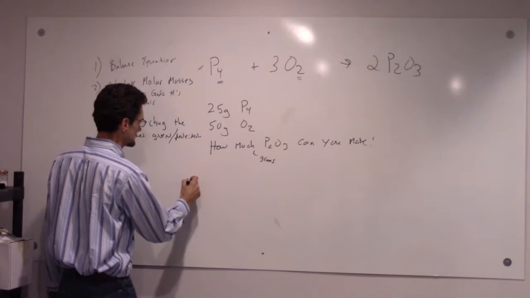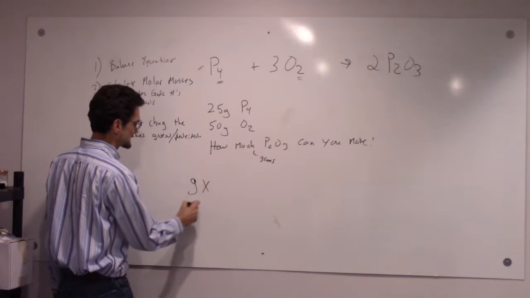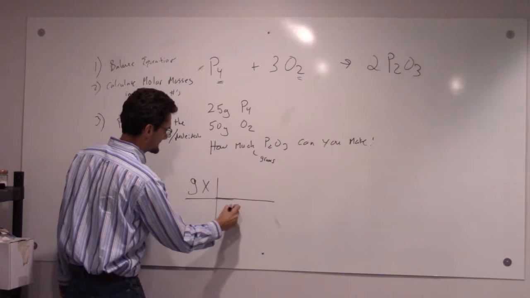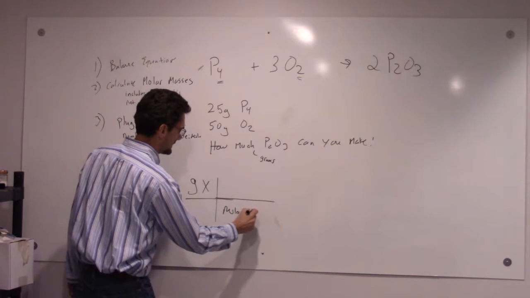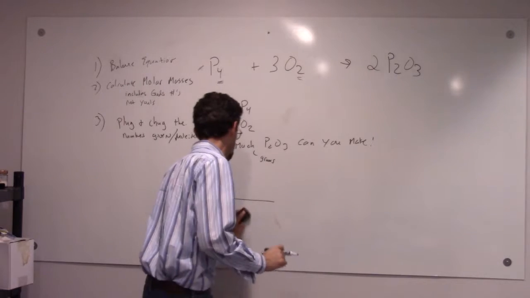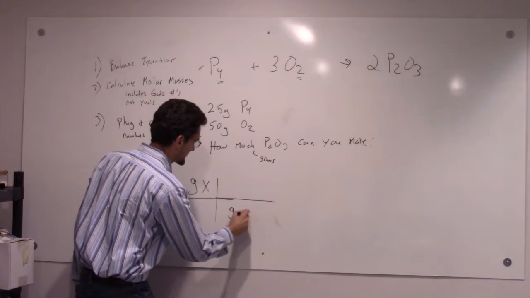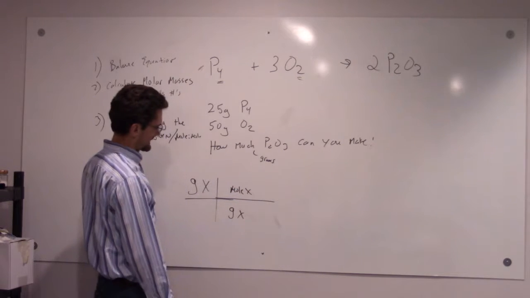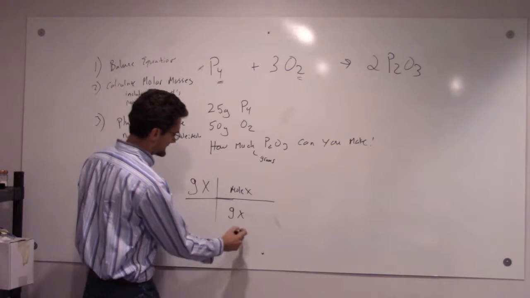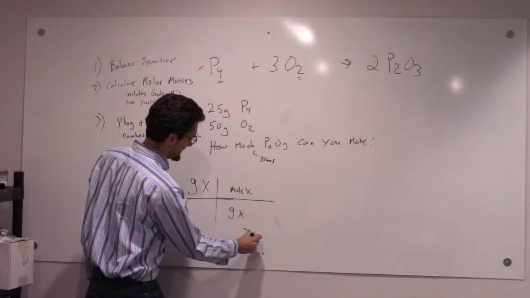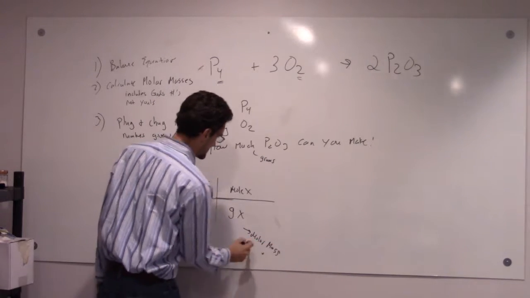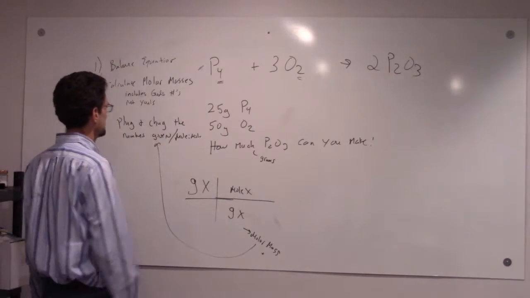grams of X, you need to use molar mass. Grams of X to moles of X, and this comes from molar mass, and that was this number that you just did.